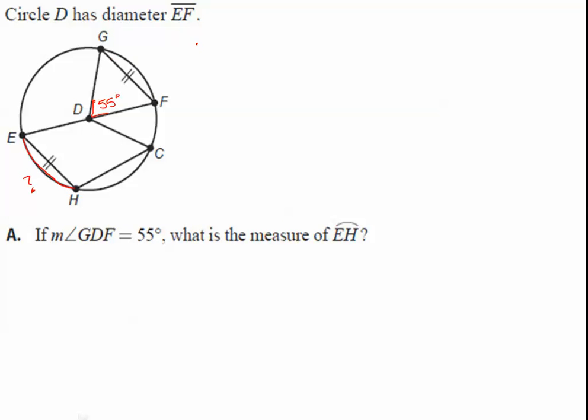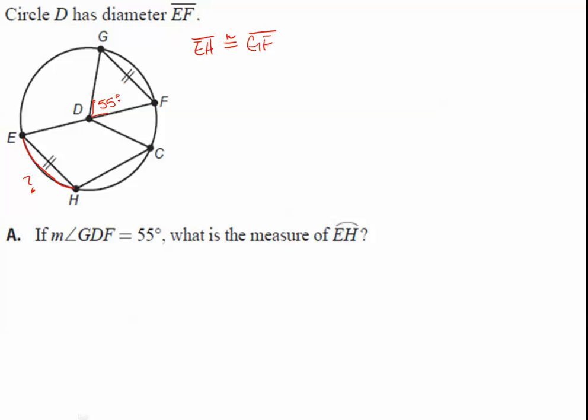Well, let's look at the figure for just a moment. If you look, segment EH is congruent to segment GF. And you remember the Chords and Arcs theorem says that if you have congruent chords, then their arcs are congruent.